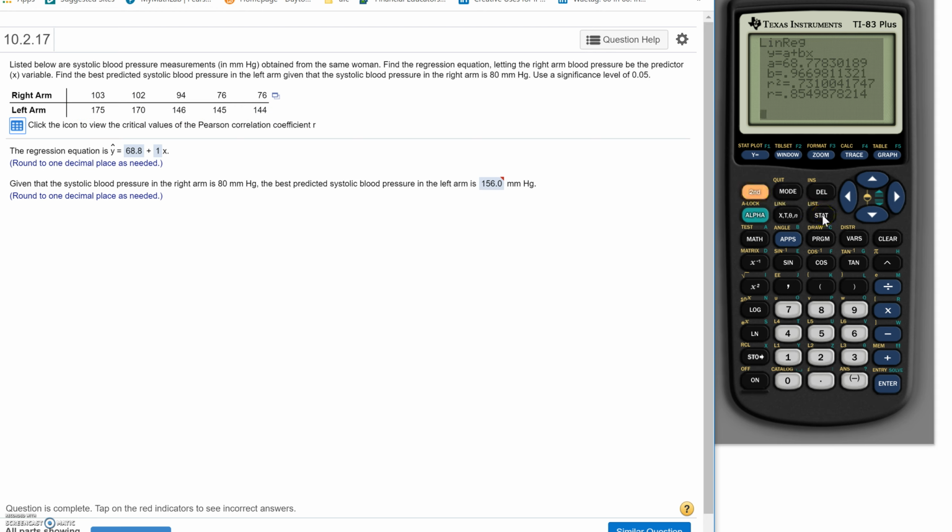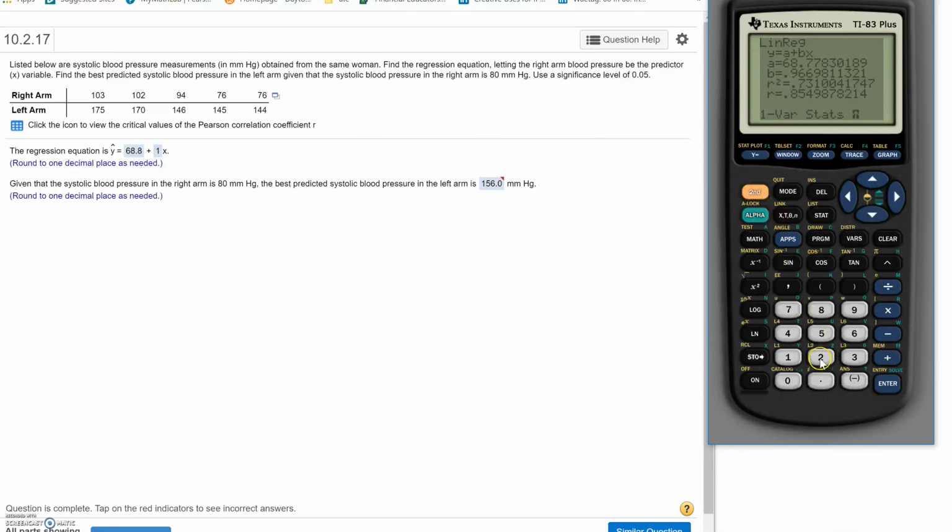Now let me go back to stat, and edit for the list. As you can see, I have all my left arm values in L2. So now I'm just finding the mean for L2. I go back to stat, calculate, one variable statistics, and what I need is the mean for L2.